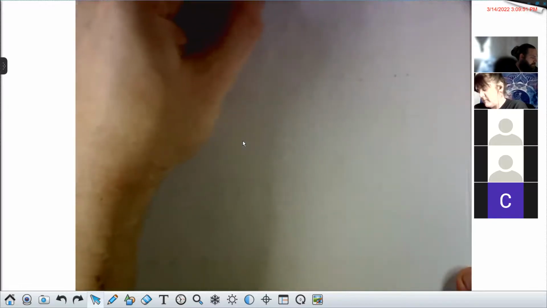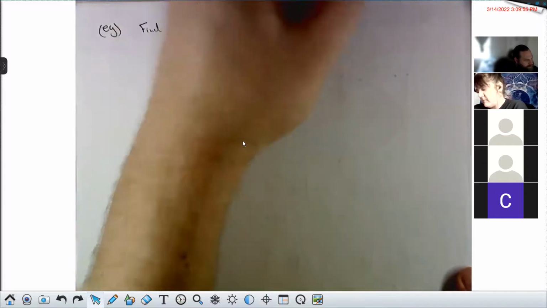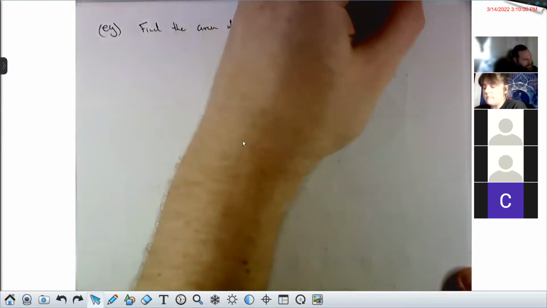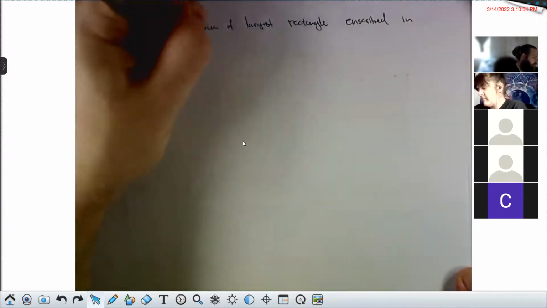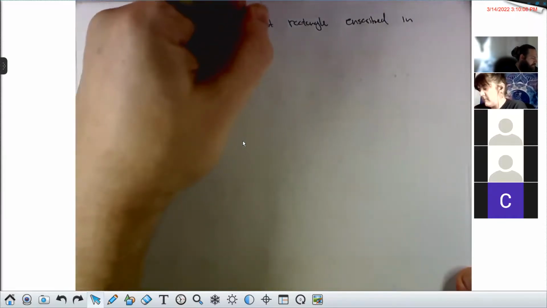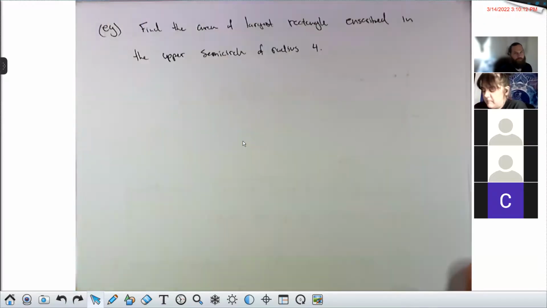Let's find the area of the largest rectangle inscribed in the upper semicircle of radius 4. Let's do it like that.